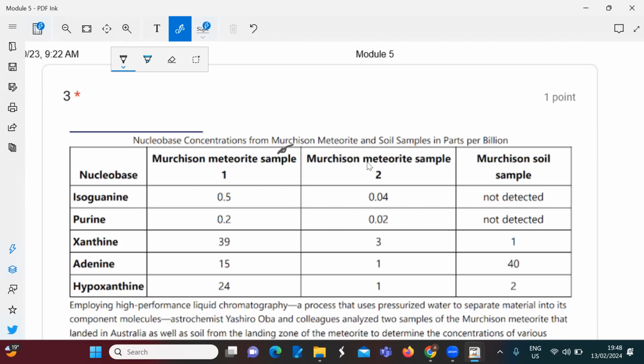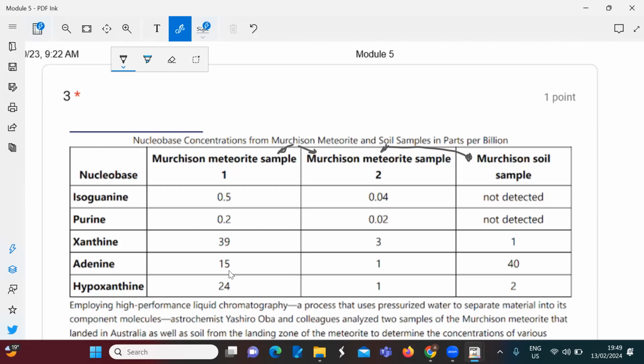There are two meteorite samples and one soil sample, and these are elements, right? Yes. Okay, very good.